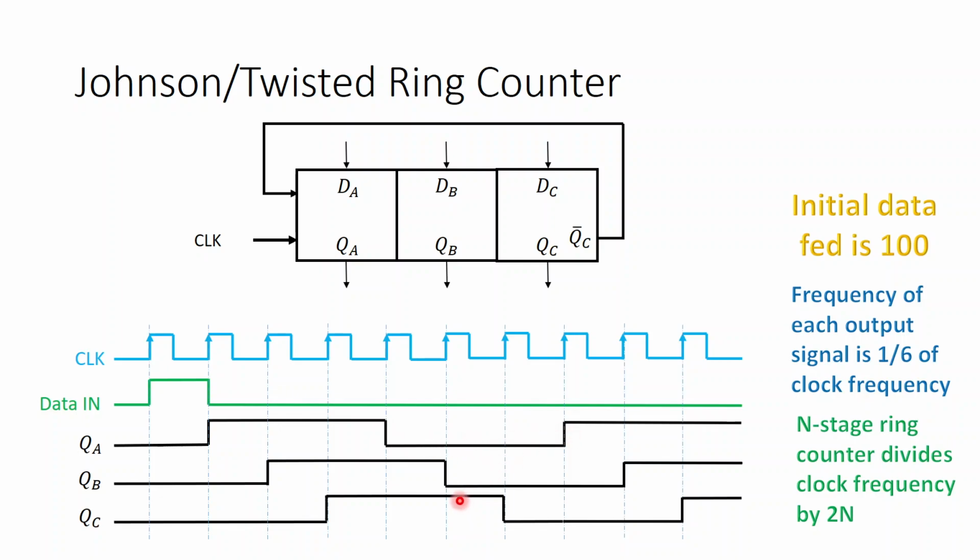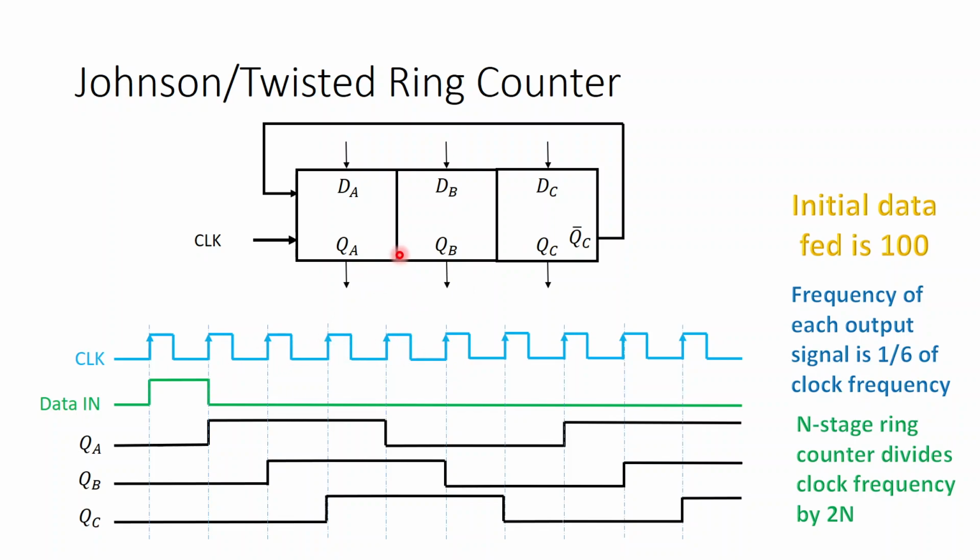And again you can continue looking into the timing diagram analysis like this, and you will see QA will start repeating itself after 6 clock cycles. So the clock frequency is getting divided by 2n, where n is the number of flip-flops in the twisted ring counter.